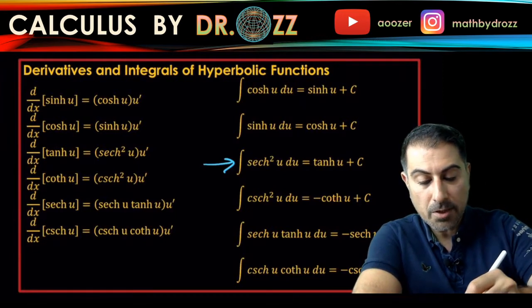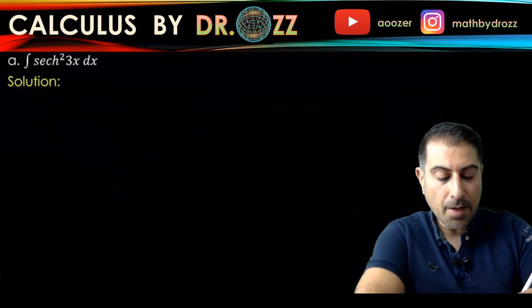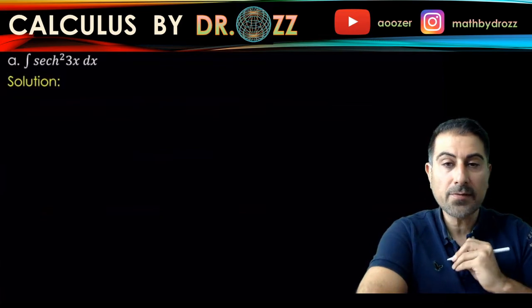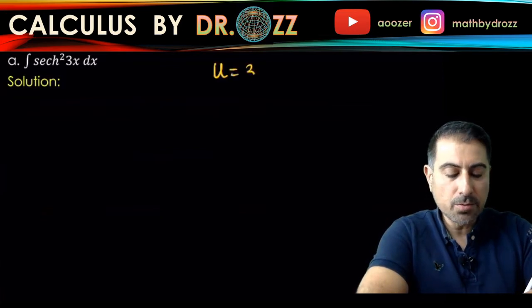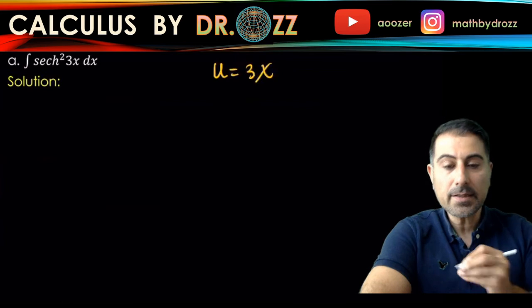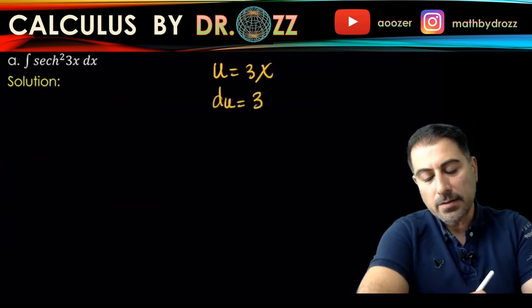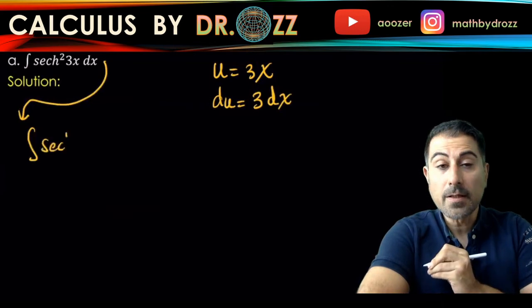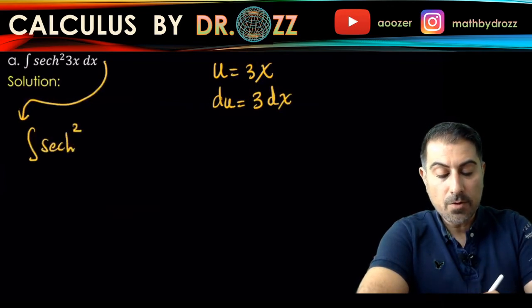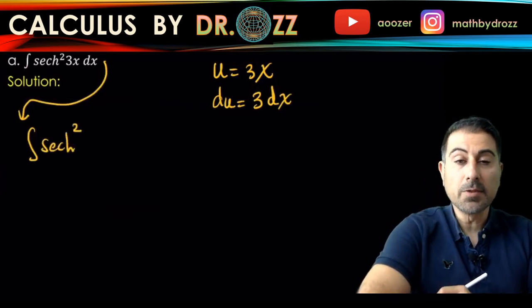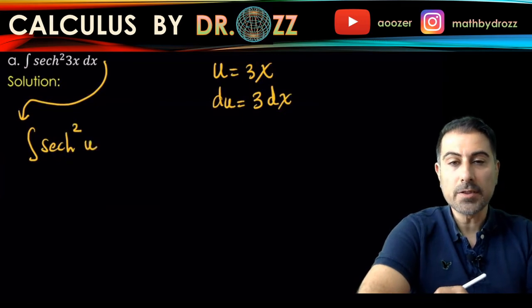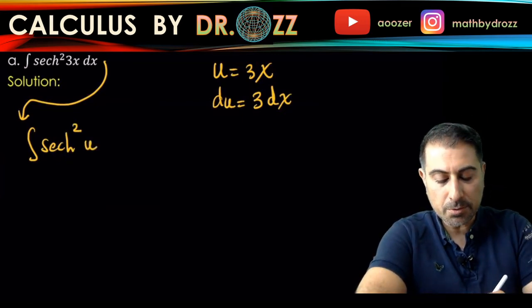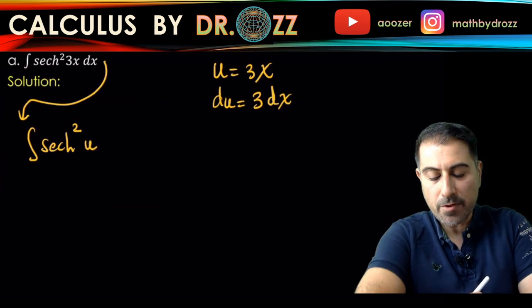So I'm going to call u to be 3x to start with, so that du becomes 3dx. Then I can write this integral as secant hyperbolic squared u, and dx is going to be replaced by 1/3 du after this u substitution. And I can pull the 1/3 out.